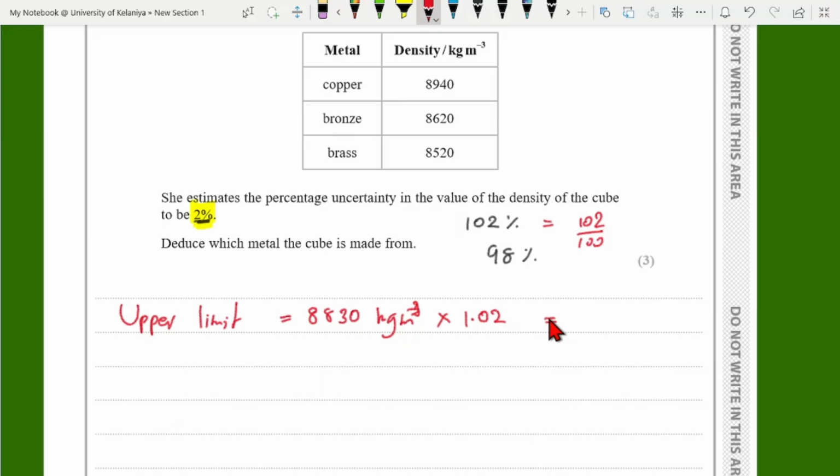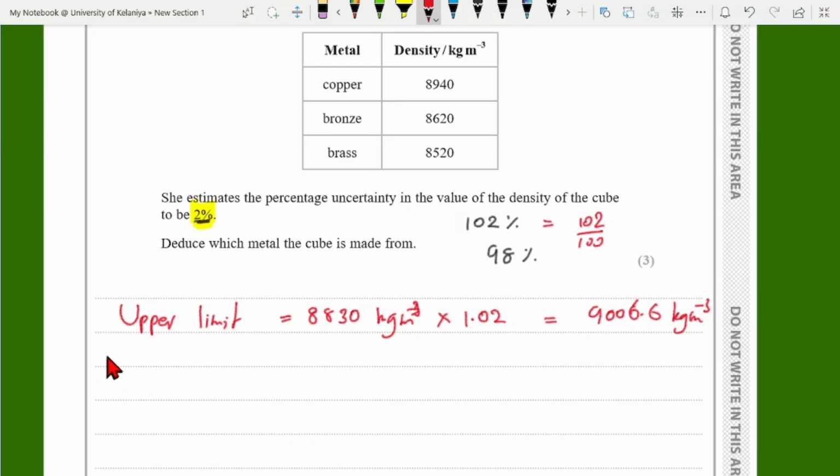If you calculate 8830 times 1.02, that is equal to 9006.6, so you can write it as 9007 kilograms per cubic meter. That is the maximum possible value for the density of the metal for our cube.